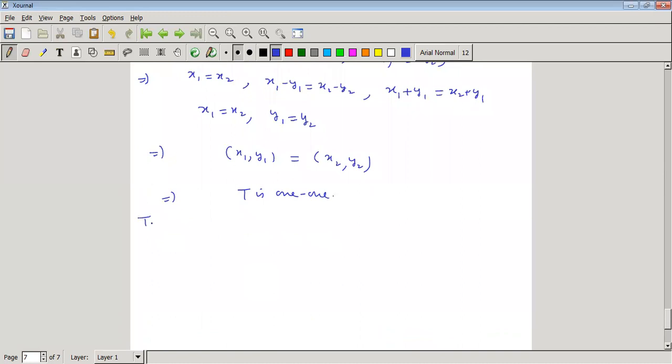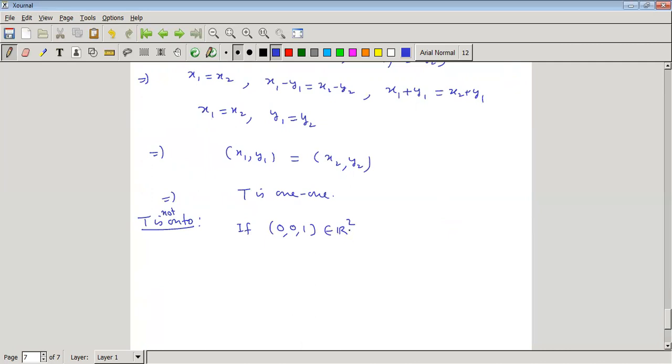Now, T is not onto. It means if you give me any element in R3, there does not exist an element in R2 whose image is that element. So for particular, if I take 0, 0, 1, this belongs to R3.